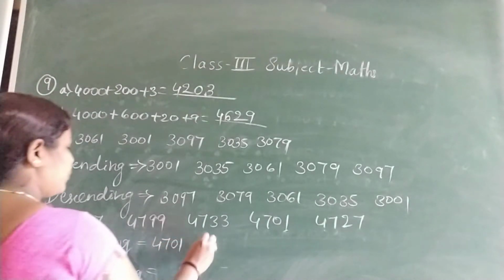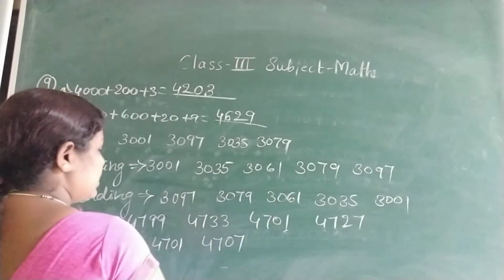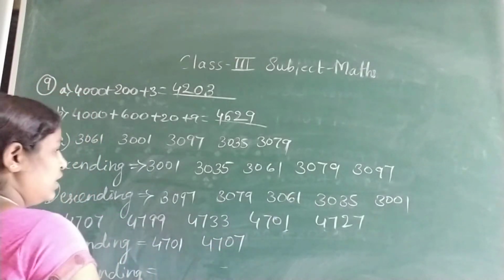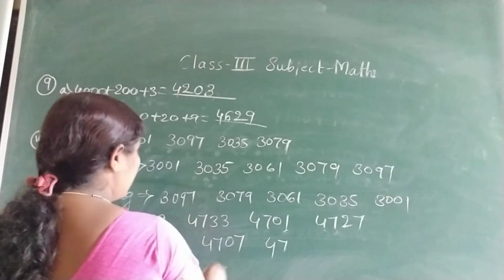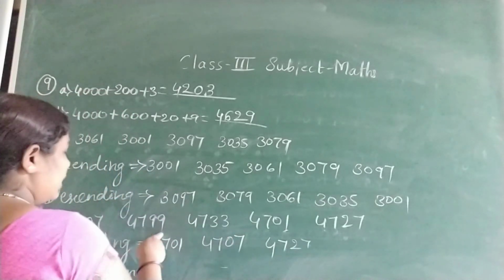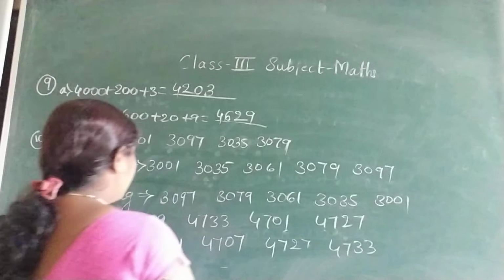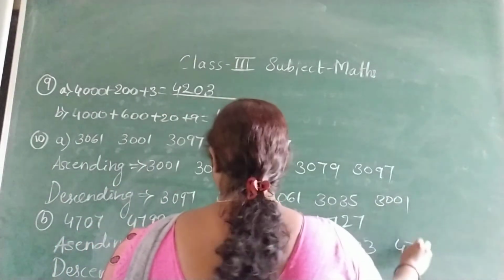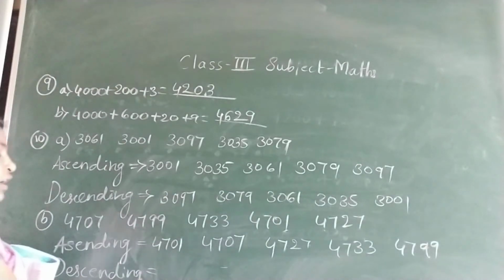And then 4,707 is little bigger. Then 4,727, then 4,733, then 4,799. Now we should write the descending.